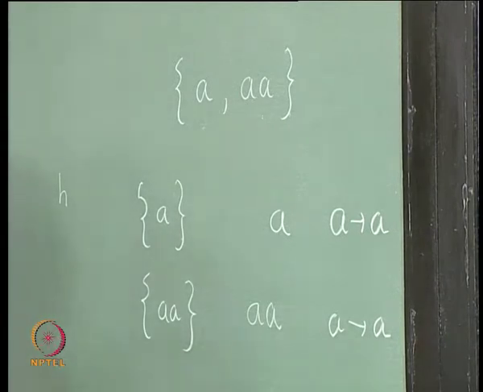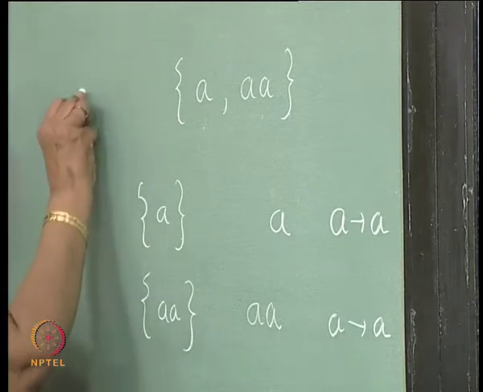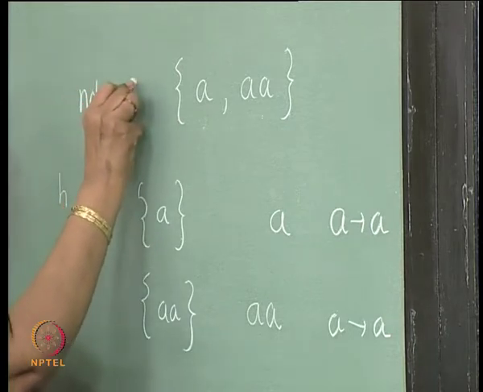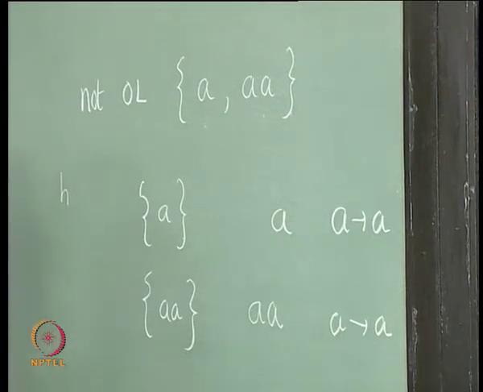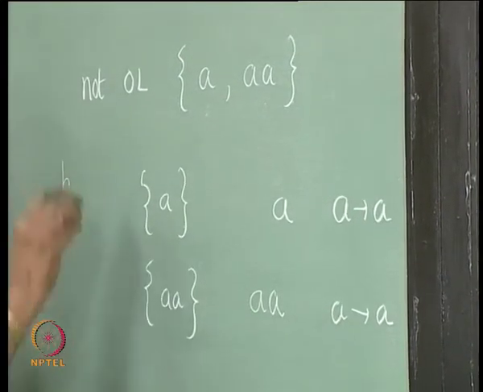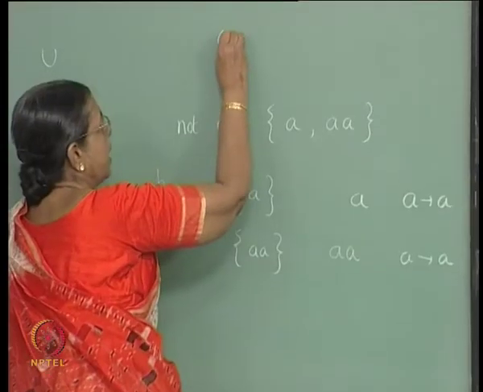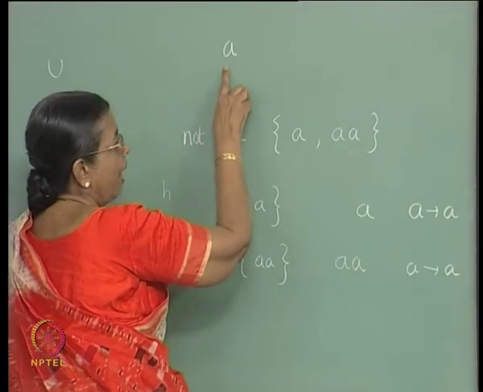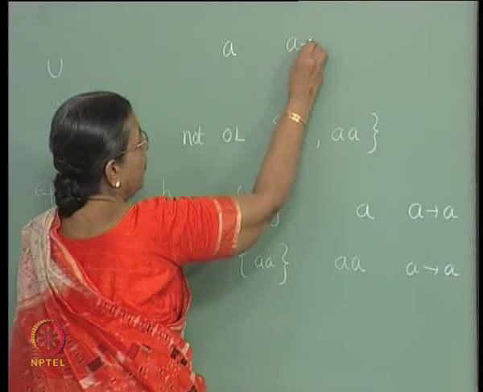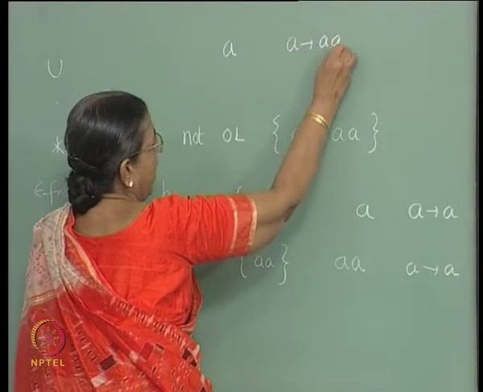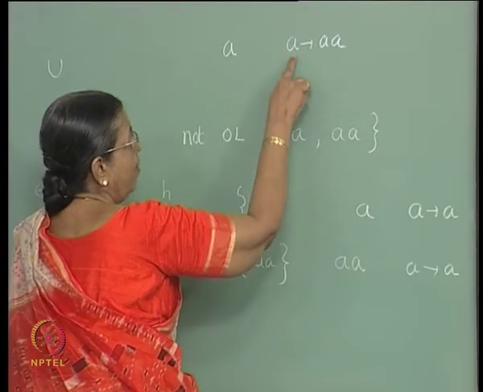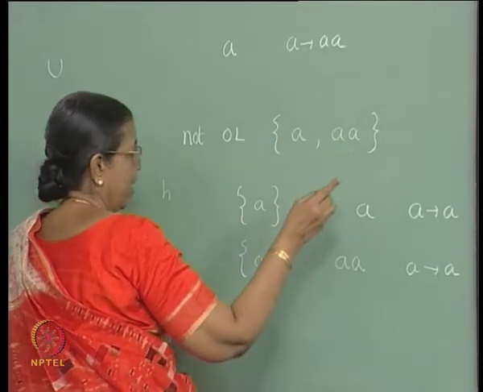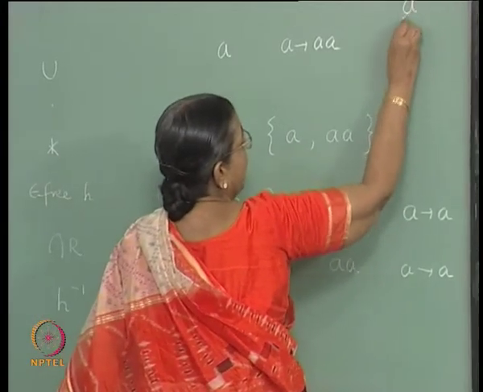It cannot be generated by any 0L system. This is not a 0L language. Why? We can have only one axiom. So, if I take A as the axiom, I should have a rule of the form A goes to AA to generate this, and if I have this rule, then from A I will get AA.